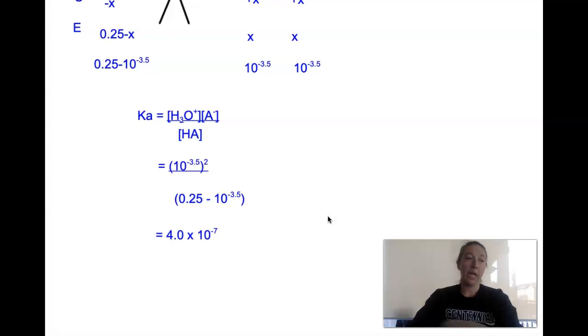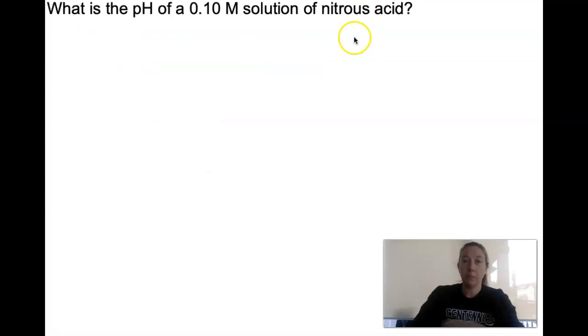If our K is greater than 1, usually we consider that to be a strong acid or a strong base. So, same type of calculations we did in the last unit. The only difference is they might give you a pH or ask you for a pH, so it's just tacking on that extra step at the beginning or the end of the question.